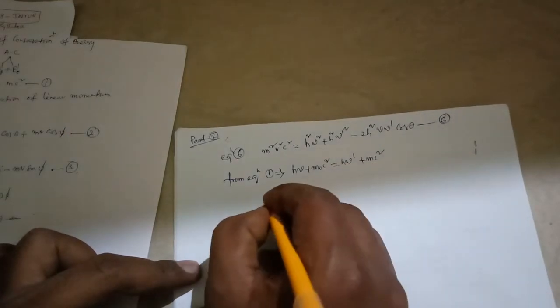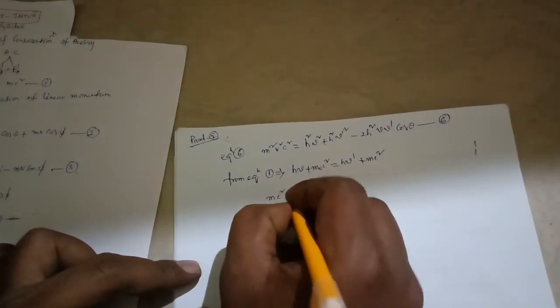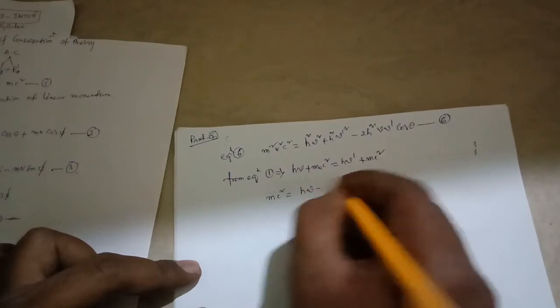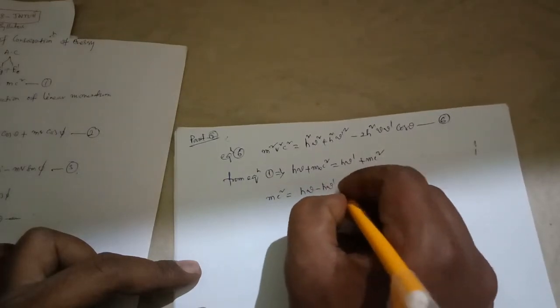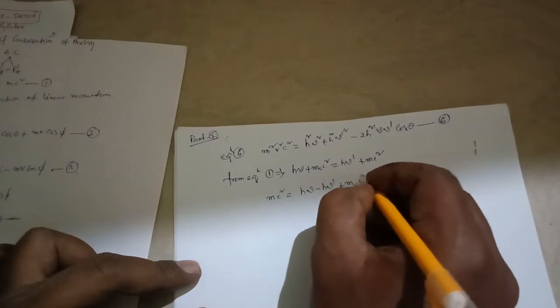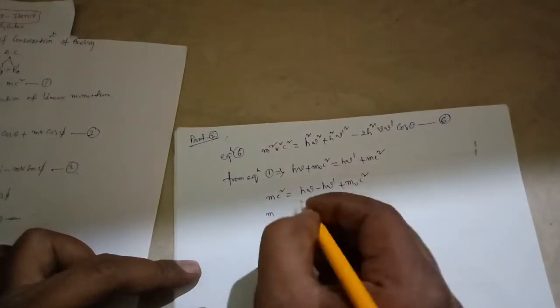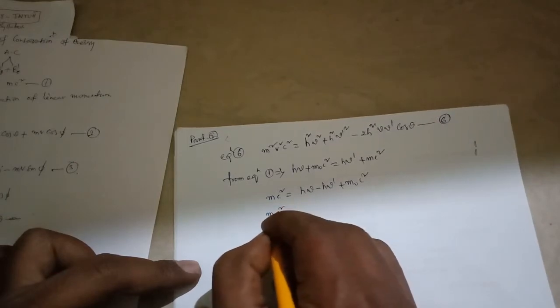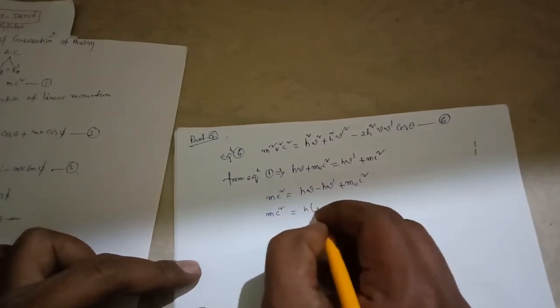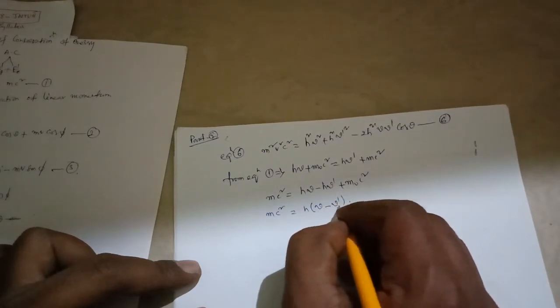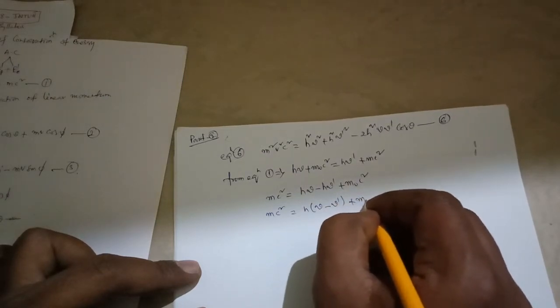So I am writing it as m c square equal to h mu minus h mu dash plus m naught c square. Taking h common, m c square equal to h into (mu minus mu dash) plus m naught c square.